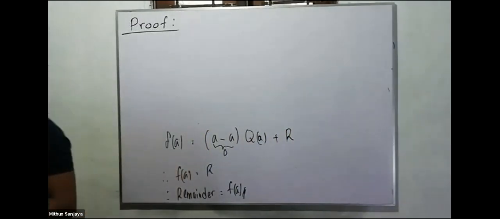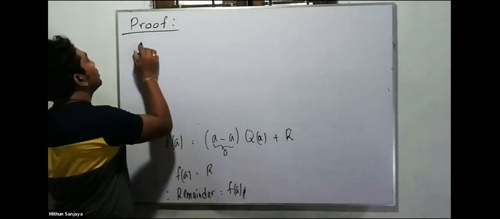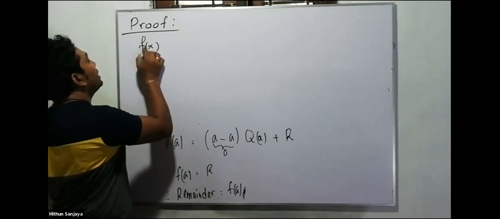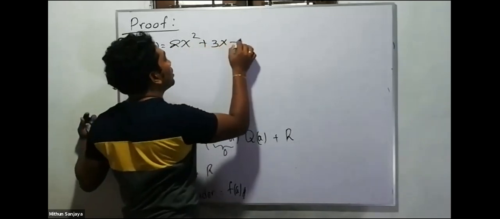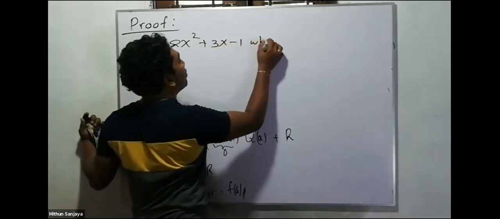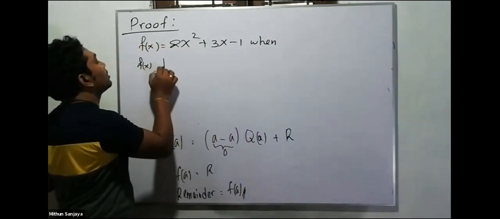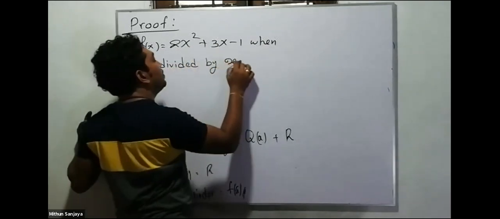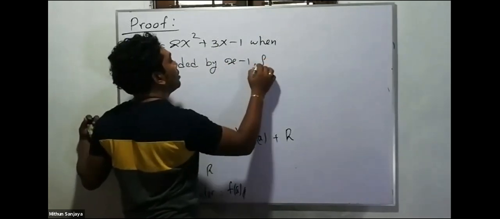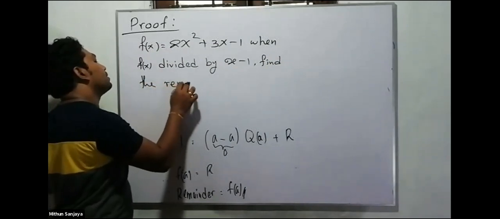Right. Let's see. Then we have f(x) equals 2x squared plus 3x minus 1. When f(x) is divided by x minus 1, find the remainder.